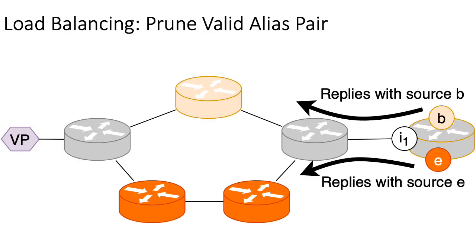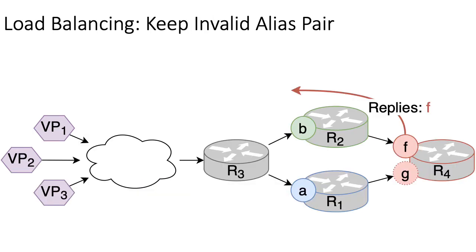Now, there are some pretty important limitations. The first is that this technique is potentially confounded by load-balanced paths of unequal length. Here, B and E are on the same router, but traversed paths with different numbers of routers. If this happened to a sufficient number of vantage points, then I'll incorrectly discard the pair. Even worse, there are times when I might incorrectly keep an alias pair.